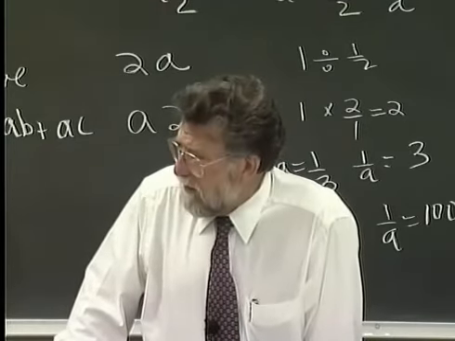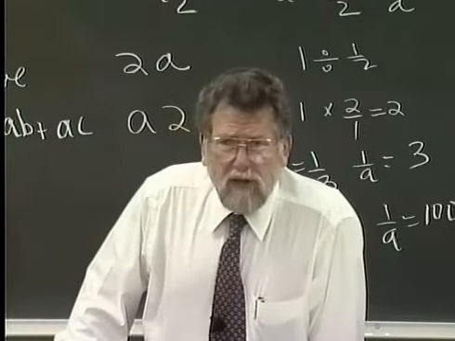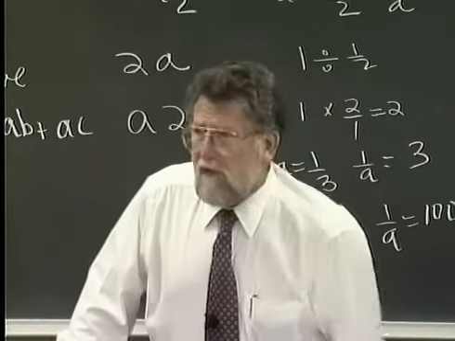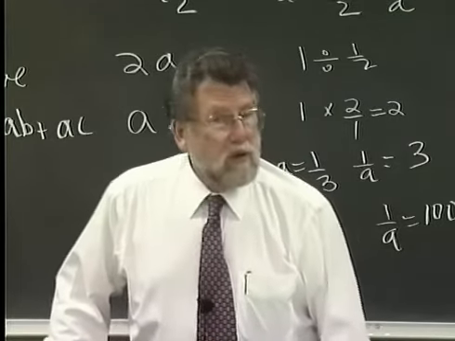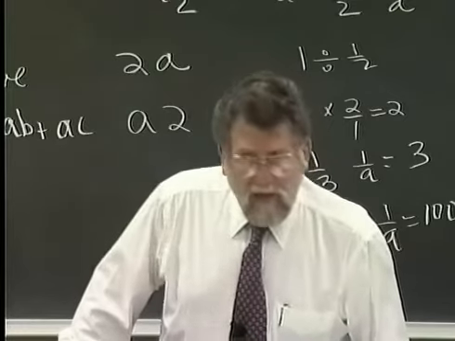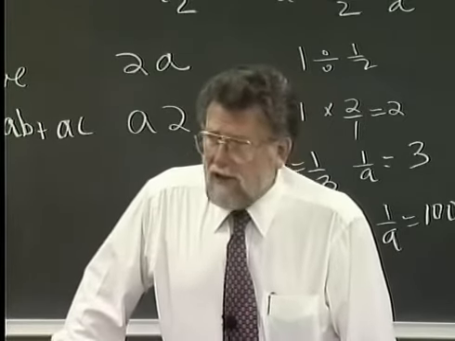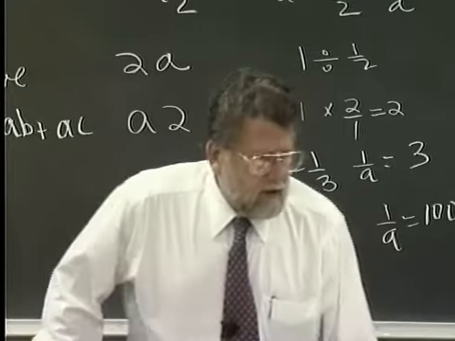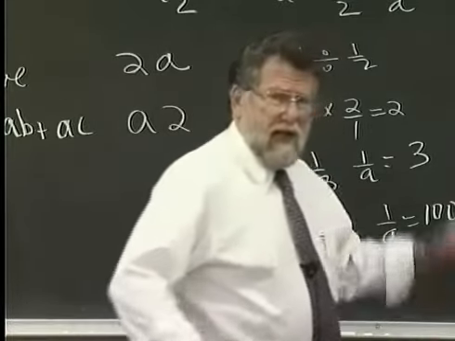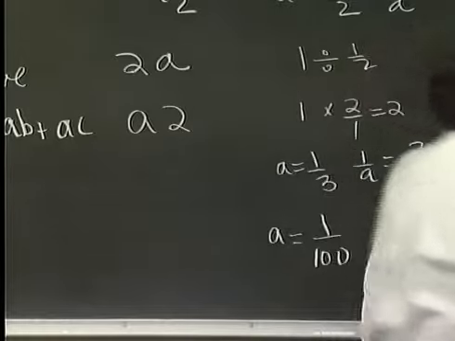2 over 3. That is a rational number. 2 by itself can be written as 2 over 1. So that's a rational number. Now when we say that we have a rational number, over to the right side of the board now, Debbie.